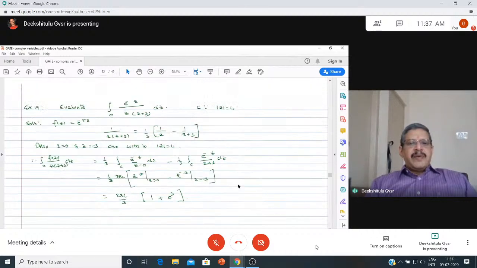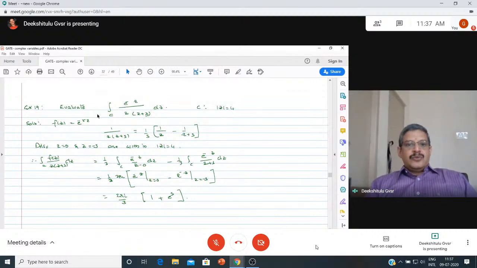Now evaluate the integral of e power minus z by z into z plus 3, where mod z is equal to 4. The denominator becomes 0 at z is equal to 0 and z is equal to minus 3. And the curve is mod z is equal to 4. z is equal to 0 is clearly inside the circle. z is equal to minus 3 is also inside, since mod minus 3 is less than 4.